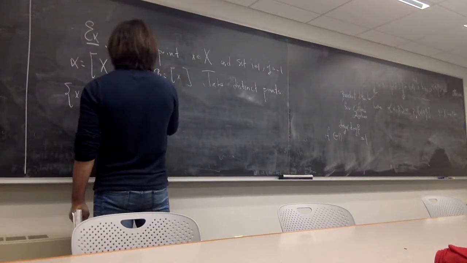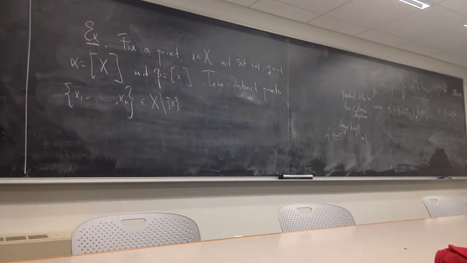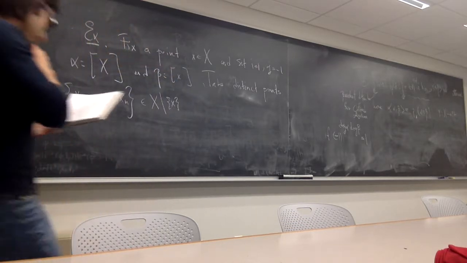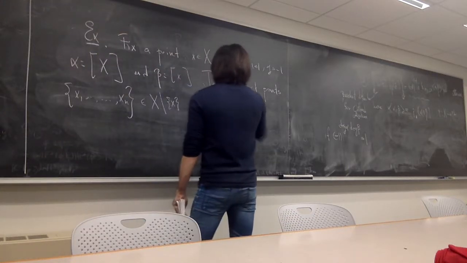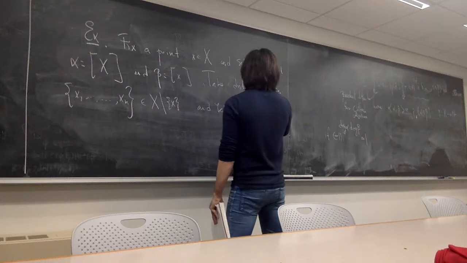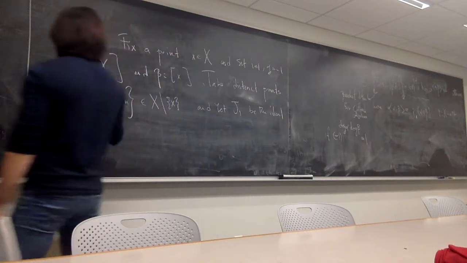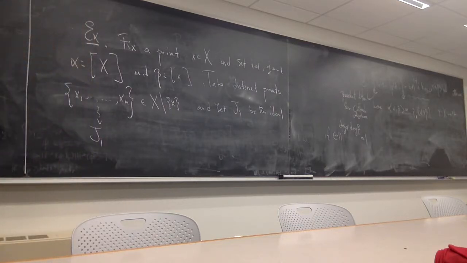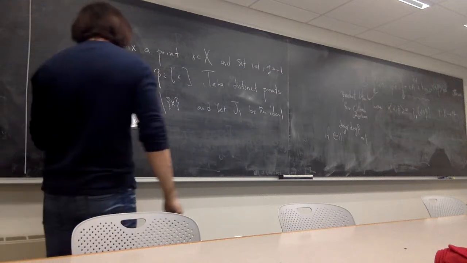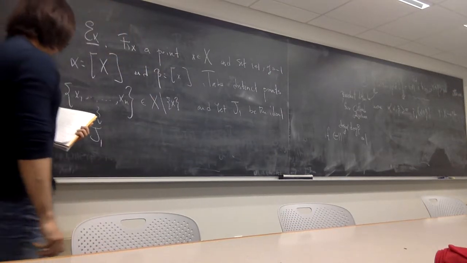These are distinct from the point x. Let J1 be the ideal of these n points, so functions vanishing at these points, which are different from the point x.